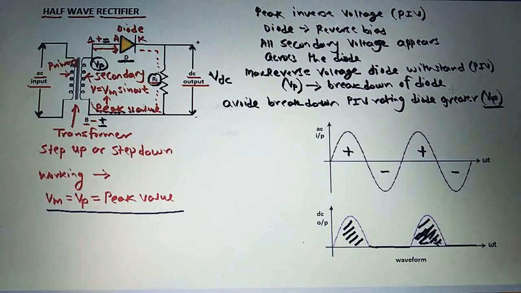So to avoid the breakdown of a diode, the PIV rating of a diode should be greater than the peak inverse voltage.